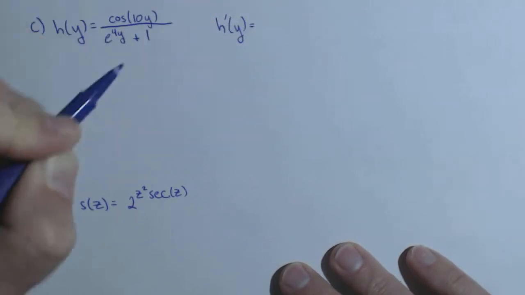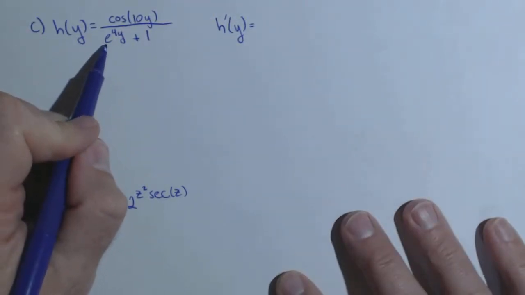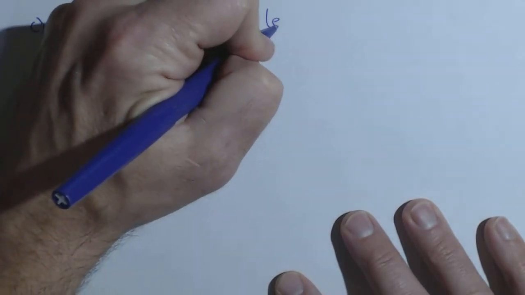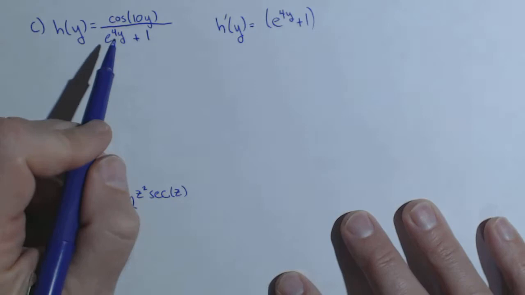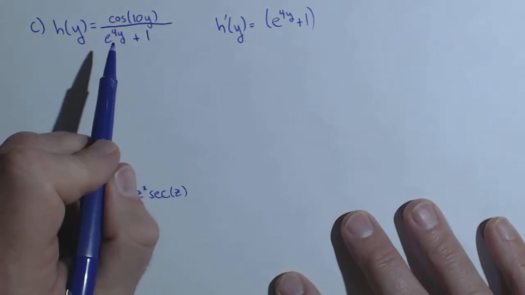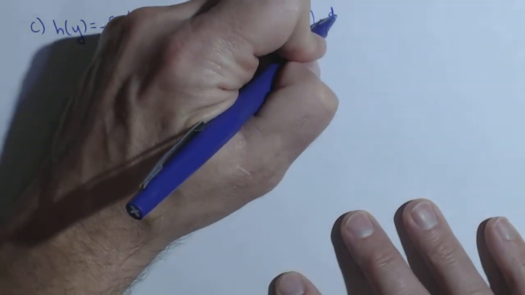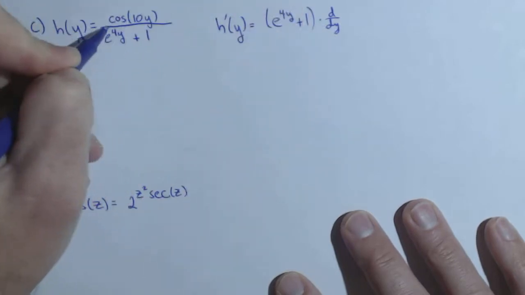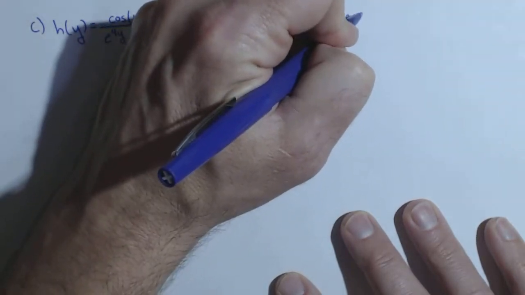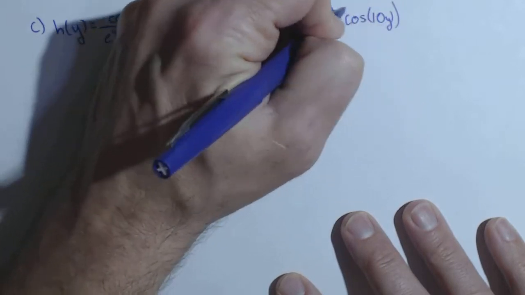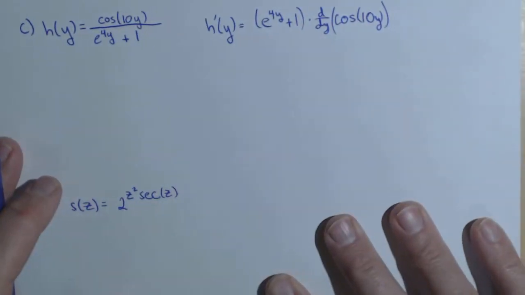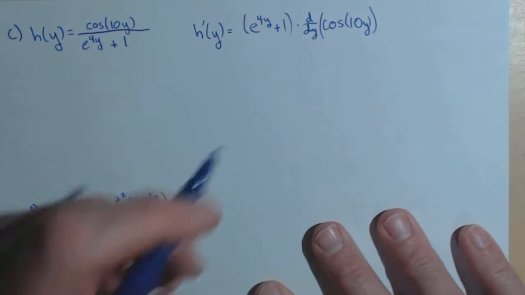So h prime of y, and let's write that out in pieces. We'll have our denominator, so e to the 4y plus 1, that plus 1 was not in the exponent. I know it's hard to tell from my writing, times the derivative with respect to y of the numerator. So first thing I'm doing is I'm just setting up my quotient rule. I'm not actually taking the derivatives within my quotient rule just yet.